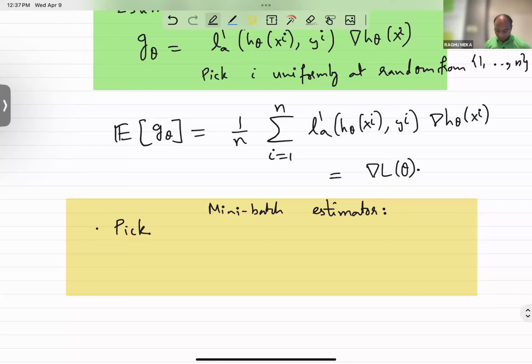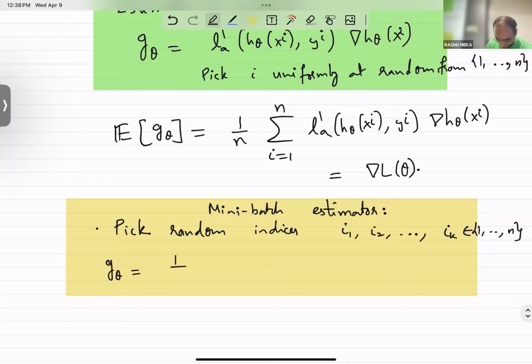Okay. So we pick k random indices. And then I consider the average here.